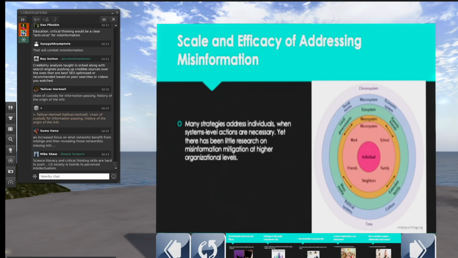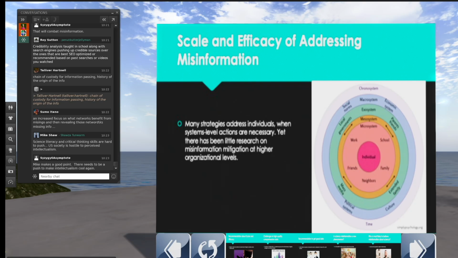Mike says science literacy and critical thinking skills are hard to push. U.S. society is hostile to perceived intellectualism. Syzygy says Mike makes a good point.